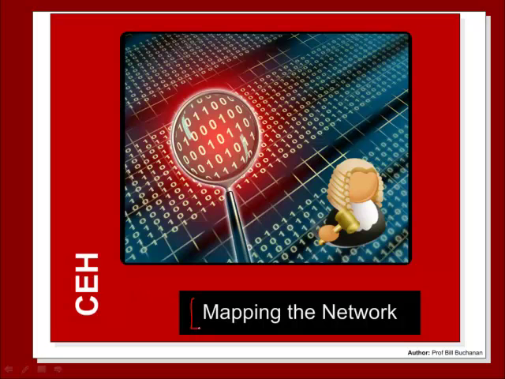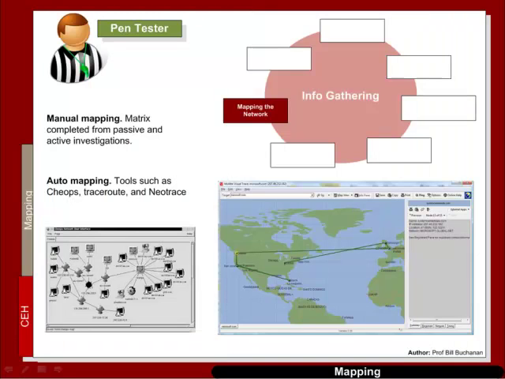So in the final part of the 7 stages, we can then go ahead and map the network as we see it in terms of the hosts, where things are, what services are running, how the whole thing actually fits together. We can do it manually, creating a document with all the IP addresses, services, and so on.